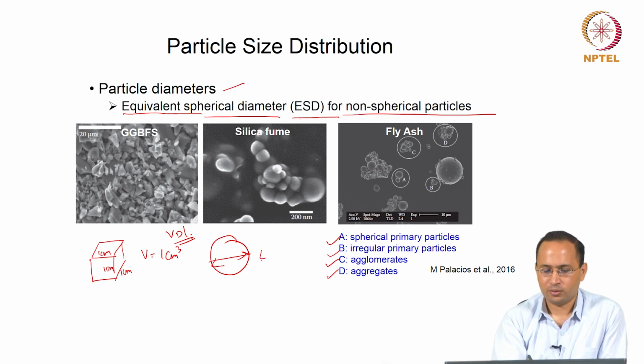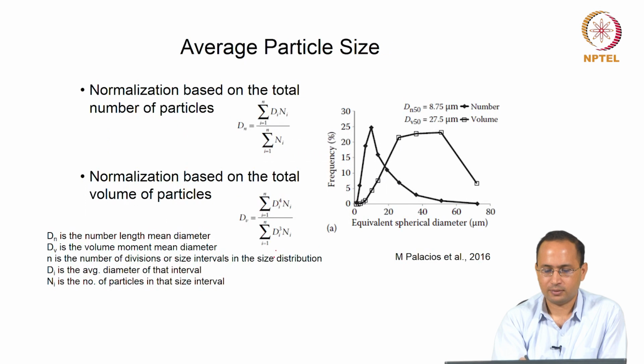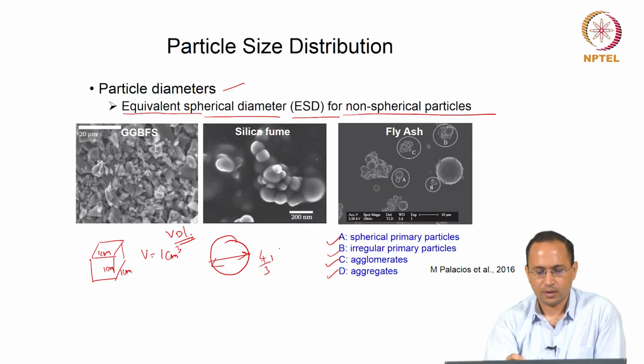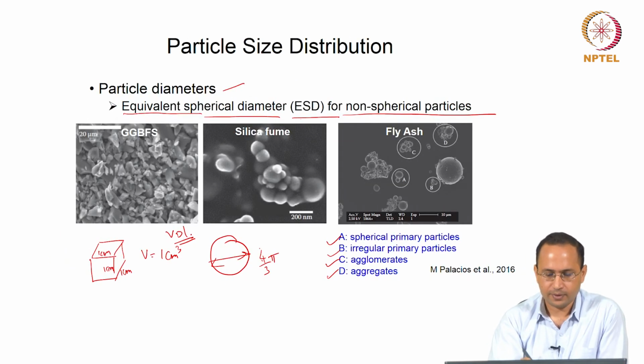So, what you do, suppose the radius is r. This is the volume of a sphere, and it has to be equal to 1. Then you can calculate r, and use that to calculate the diameter, which is equal to 2r.